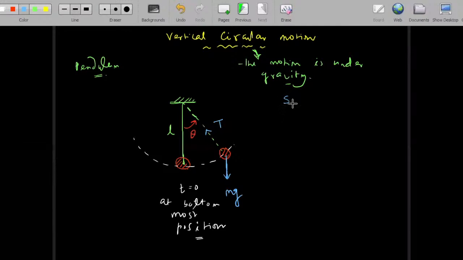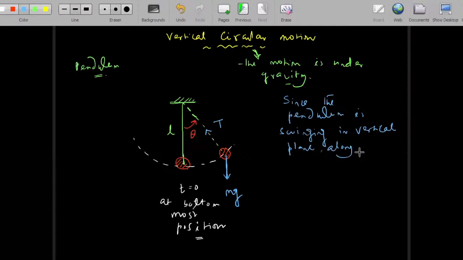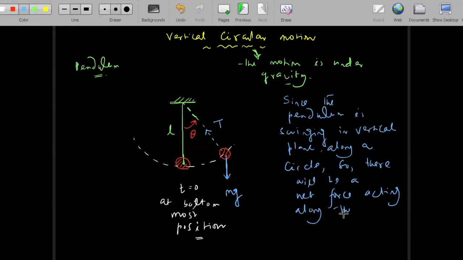So I can write, since the pendulum is swinging in a vertical plane along a circle, there will be a net force acting along the rope towards the point of suspension.